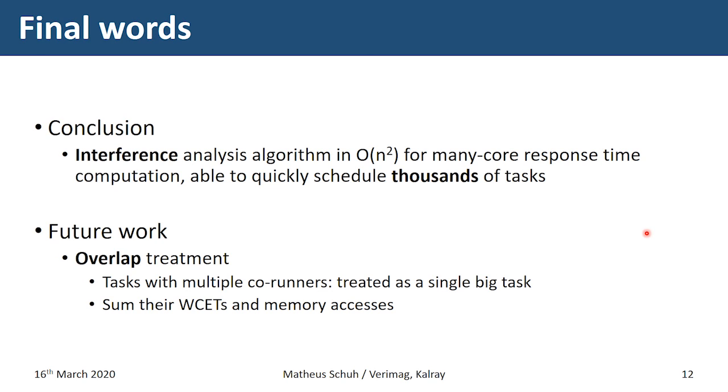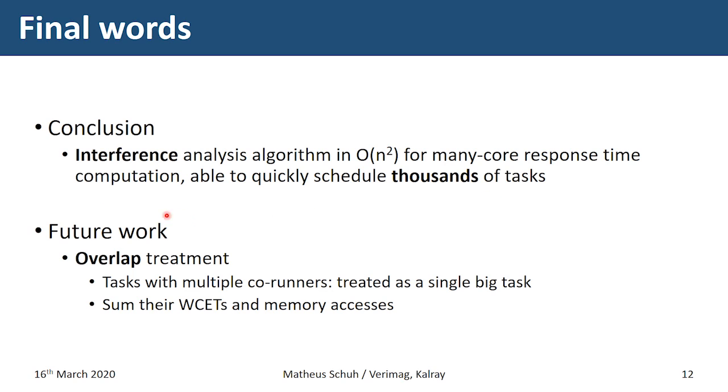So to conclude, I've presented you an interference analysis algorithm in O(n)(, for many-core response time computation, able to quickly schedule thousands of tasks, which represents a huge improvement over the original algorithm upon which this work was based.